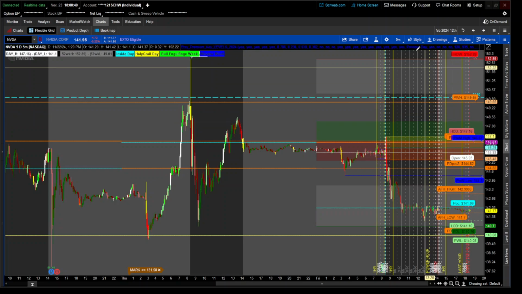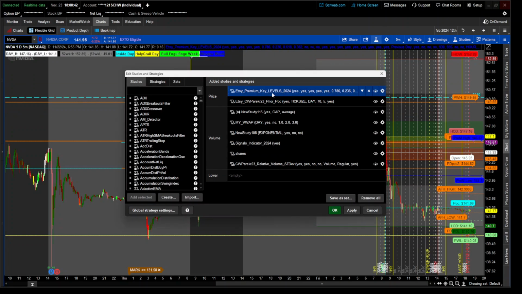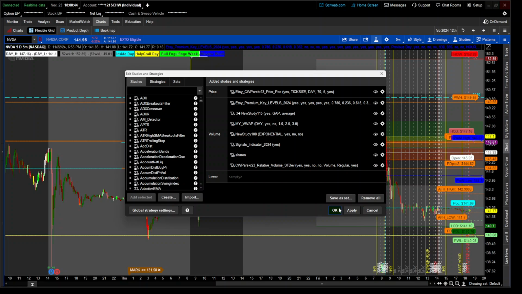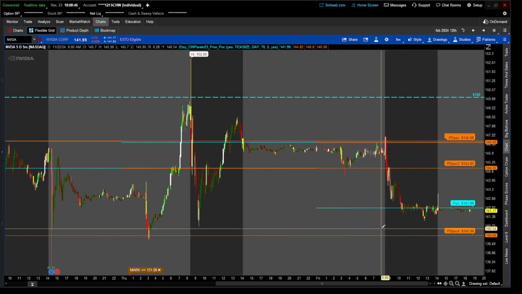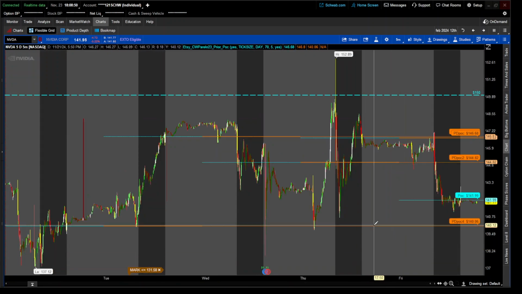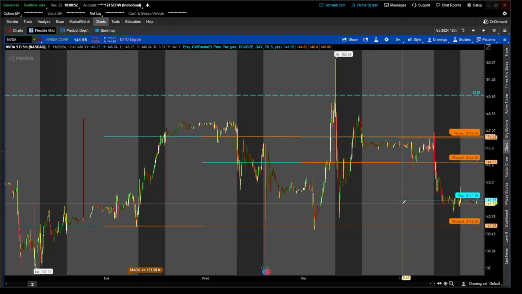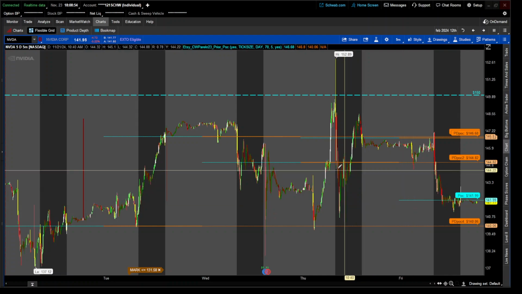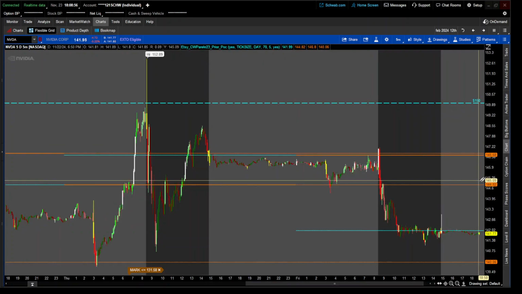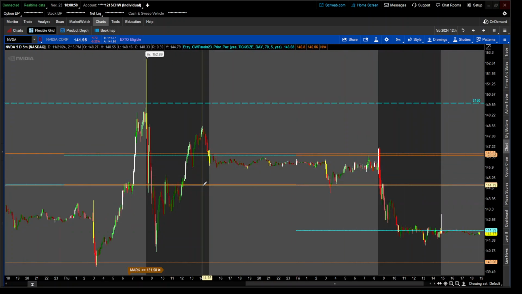So you can see the POCs, they're different colors. So let me pull this down and we can see a little bit more clear. And right now I have on a daily level, and we can see NVIDIA really struggled with these prior days POCs. You can see right here, this is the prior day POC.